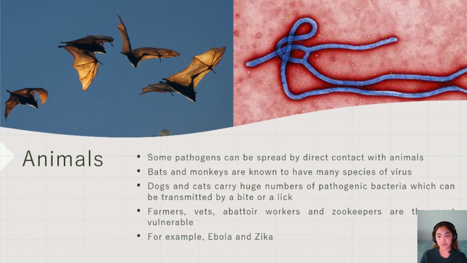But of course, there are many other animals that can be carrying diseases. Dogs and cats are definitely one of them, as well as bats and monkeys, and of course, people that actually work with animals, such as vets, zookeepers, and farmers, are a lot more at risk of contracting these diseases than others.